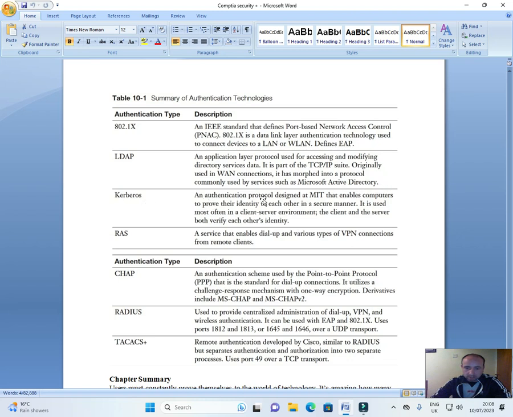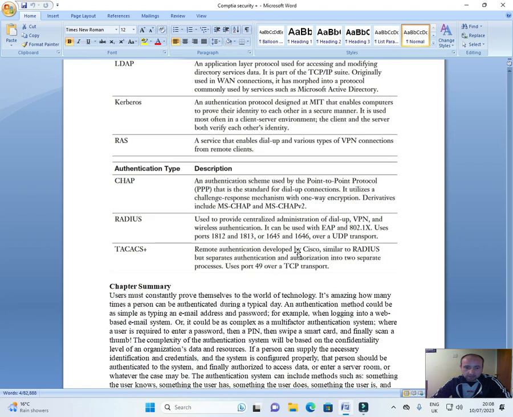Kerberos, an authentication protocol designed at MIT that enables computers to provide their identity to each other in a secure manner. It is used most often in a client-server environment. The client and the server both verify each other's identity. RAS, a service that enables dial-up and various types of VPN connections from remote clients.